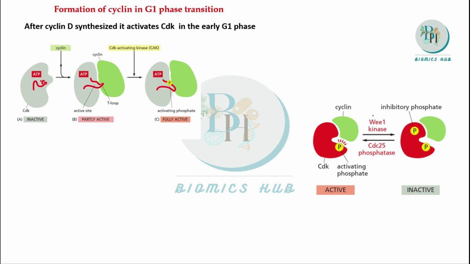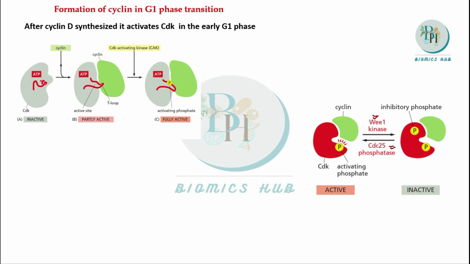There is a kinase known as Wee1 kinase, which is an inhibitory kinase. As it is a kinase, it phosphorylates the CDK. If this phosphorylation has taken place by Wee1, then the CDK is inactive. So this inhibitory phosphate should be removed, and it is removed by the CDC25 phosphatase.